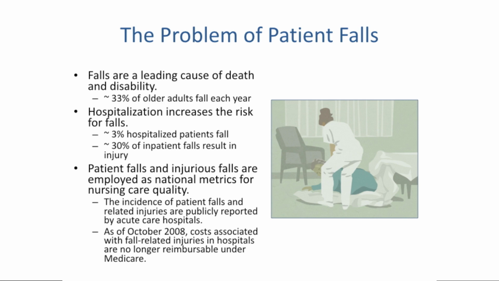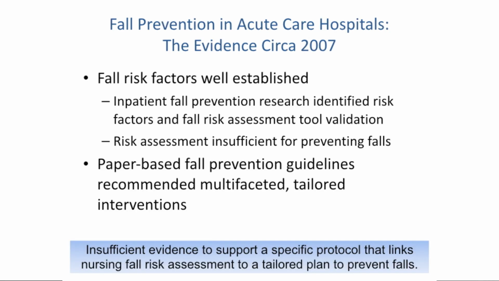Falls and injurious falls are used as national metrics for nursing care quality. So as nurses, we consider falls nursing sensitive, and they are a reflection of the quality of the hospital care that our patients receive. So our team has been conducting fall prevention research for over a decade.